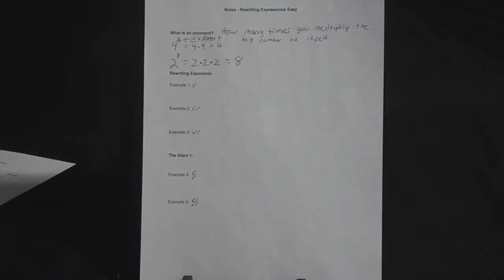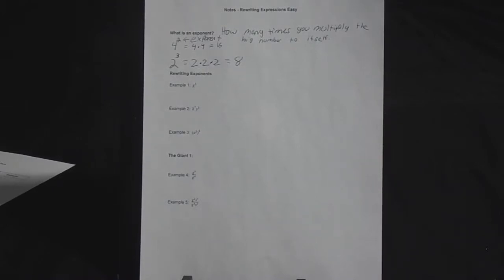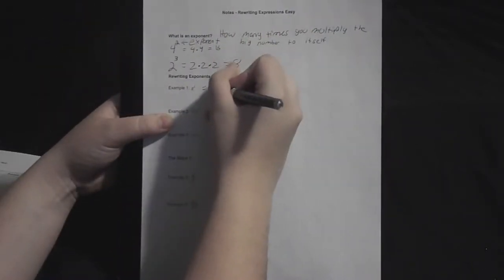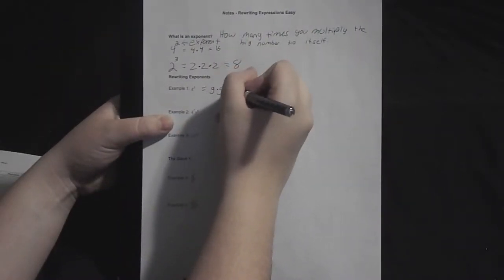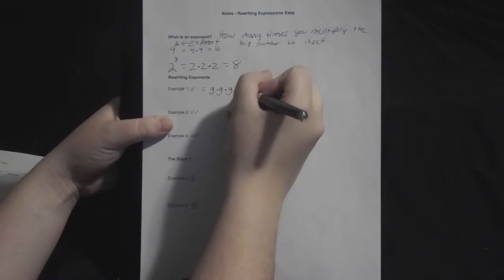So we're going to rewrite exponents and work on them. So here's a few things. For example 1, g to the power of 5. What that means is you're going to do g times g times g times g times g.